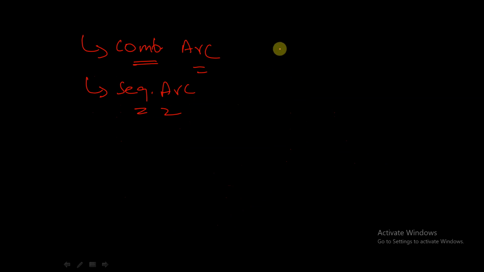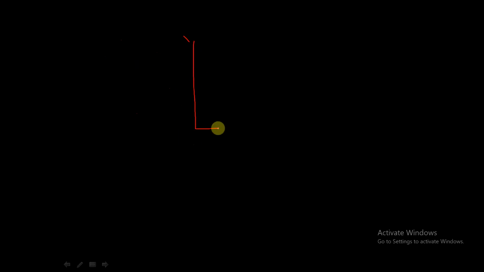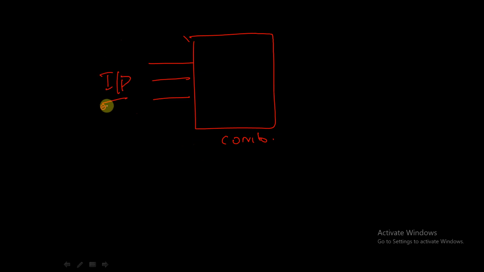If this is my combinational circuit, the path traveled by my signal from the input side to my output side is called a combinational arc.